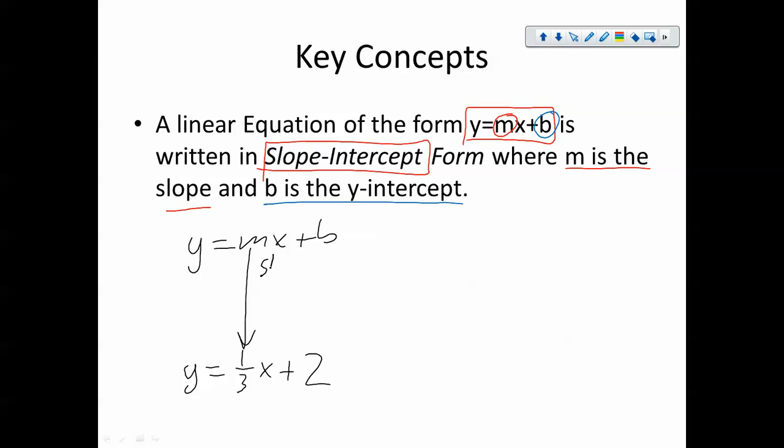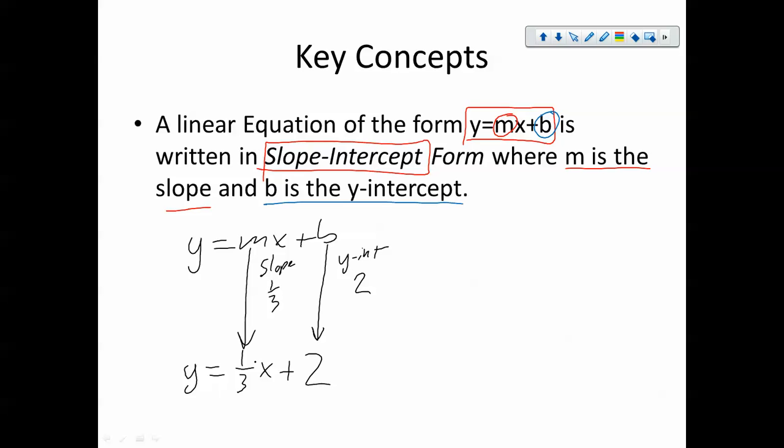The slope is 1/3. And this number right here is the y-intercept, which is 2. Notice that the m in this case is 1/3, therefore it is the slope. And the y-intercept is 2.